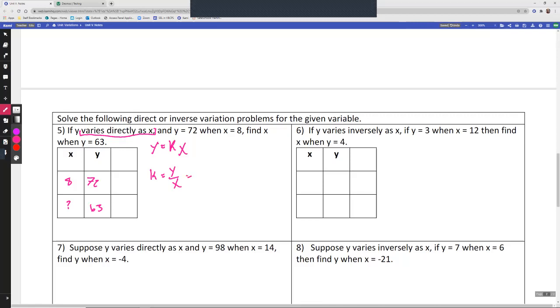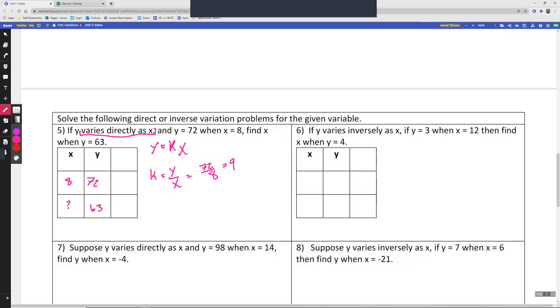I'm going to substitute those into this equation. 72 over 8. You can type that into your calculator, and what you'll get is 9. If k is equal to 9, we can use that information to set up this original equation.